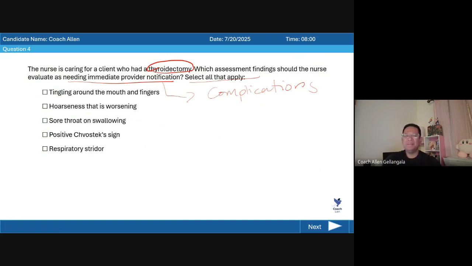So what happens when you have thyroidectomy? Let me see if anyone would be able to answer me on this discussion. What happens when you have thyroidectomy? Yeah, we remove the thyroid.